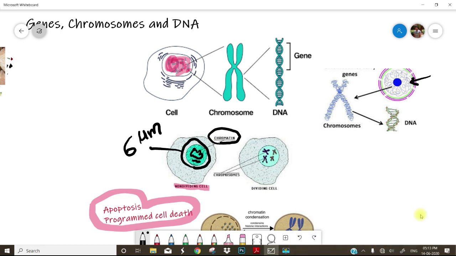As I told you earlier, every cell goes through a cell cycle, or a division phase. So this non-dividing interphase cell goes through a dividing phase, and in this dividing phase you can see the chromatin acquires a new shape. It becomes more and more condensed.